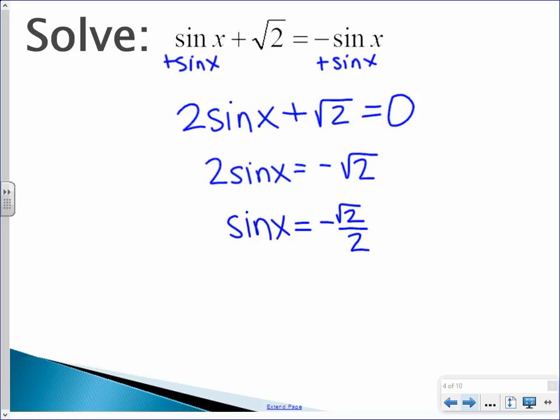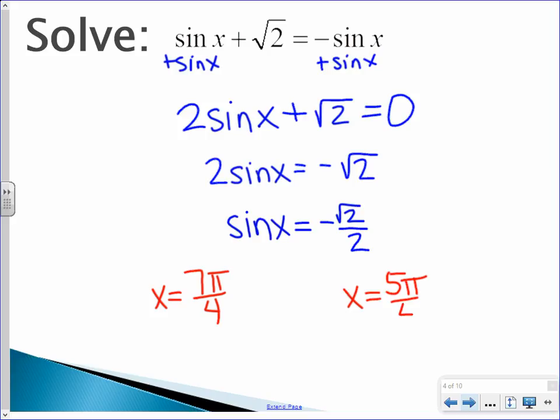The fact that we recognize that value is a good sign, right? Connor, give me one place where the sine is negative radical 2 over 2. That'd be 7 pi over 4. Okay. And another place, Will. Five pi over 4.